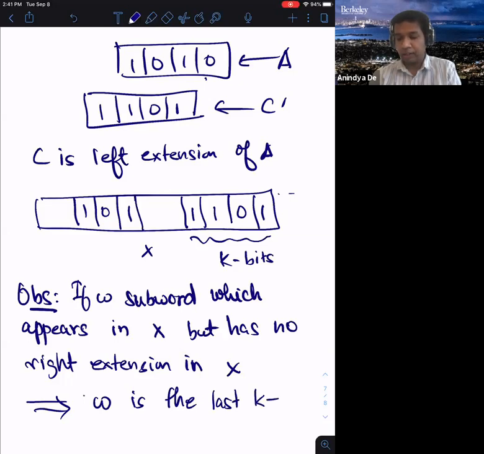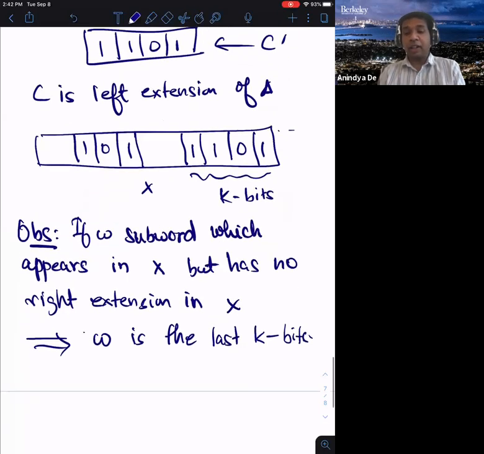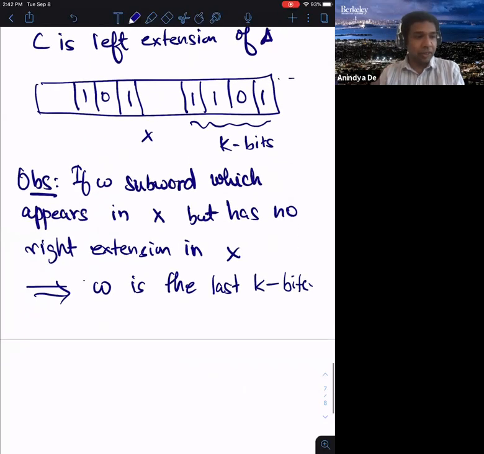Hopefully that makes sense. If you find a subword which has a count of 1 or higher, but neither of the two possible right extensions appears in the list of subwords, then it's the last K bits. So this is the first observation.